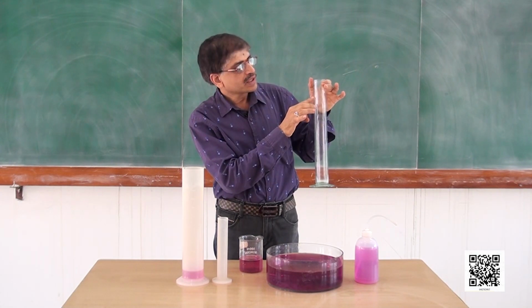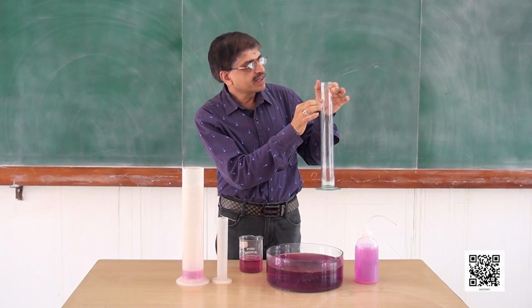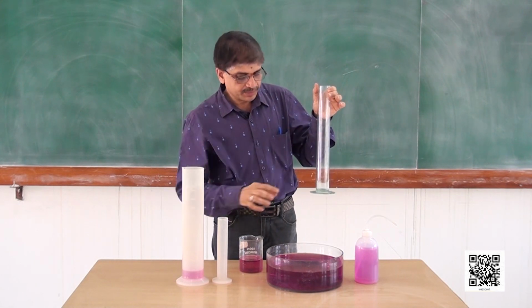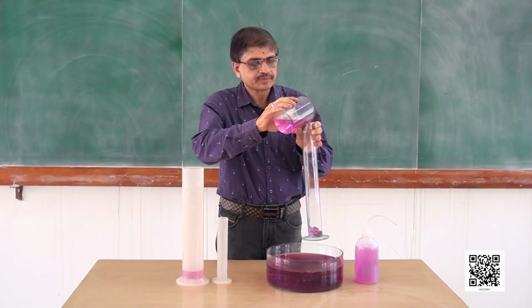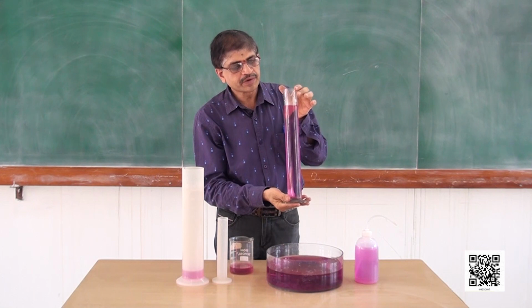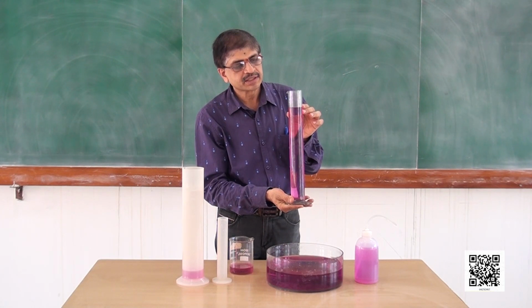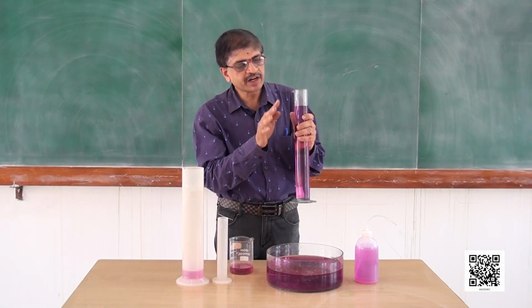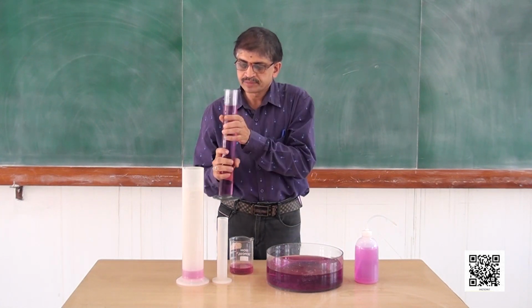As you all know, this is a 500 milliliters measuring cylinder. We now fill this measuring cylinder with water. Children, observe carefully. Water level reached up to 500 milliliters. We now pour this 500 milliliters water into this 1 liter measuring cylinder.